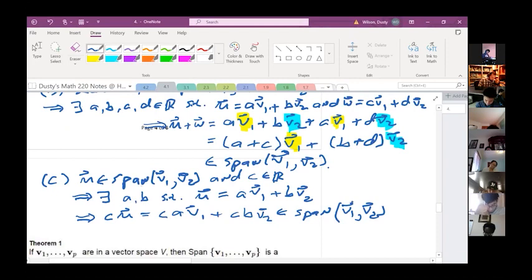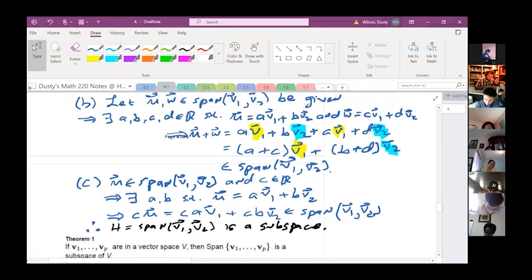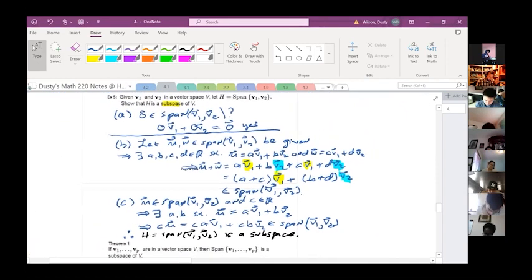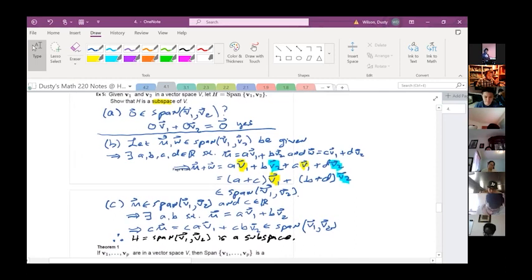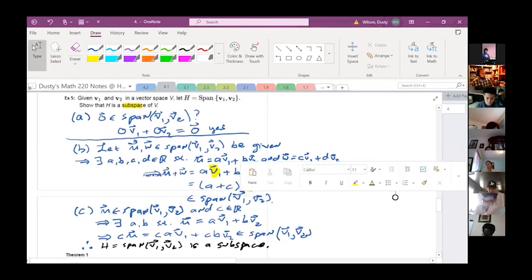Which allows us to conclude that therefore H is a subspace. Questions?